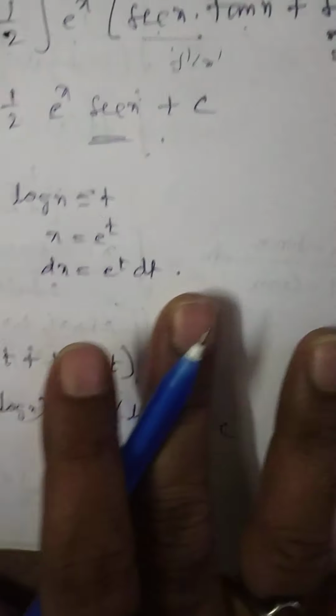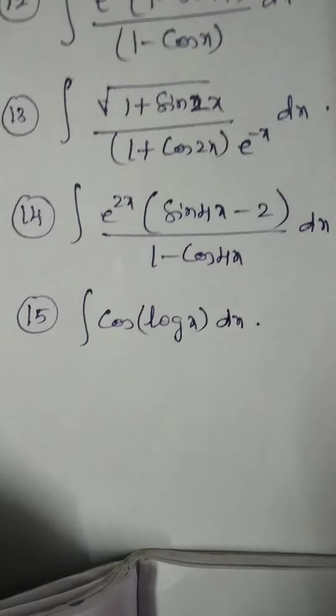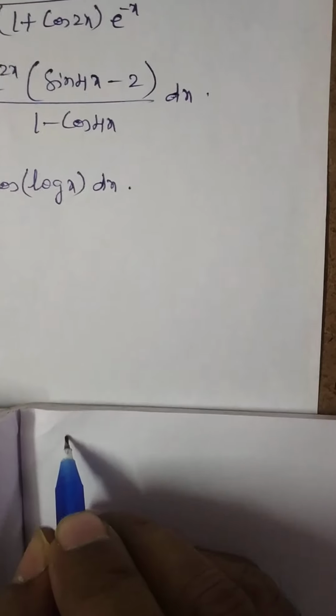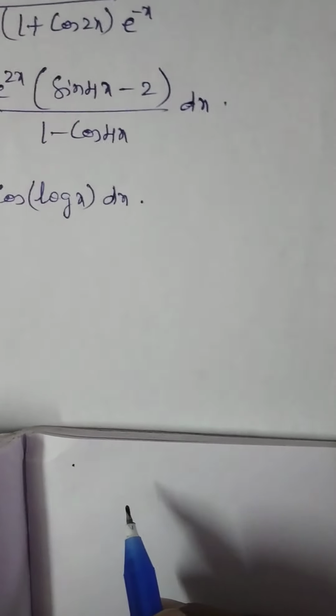Now for question number 14 we have to apply a formula here, and based on this formula I am going to tell some more applications. Okay, so for the 14th one, what is the formula you have to apply?